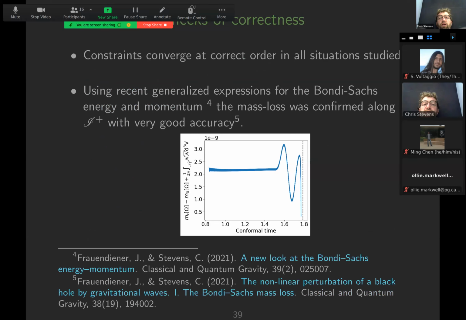So we've done a lot of studies on this to make sure it works, because as you can imagine, by looking at the equations, it will be very easy to screw this up. And one of the later checks we did was we confirmed the Bondi-Sachs mass loss along Scri+ to 10 to the minus 9, which is, I think, quite good.